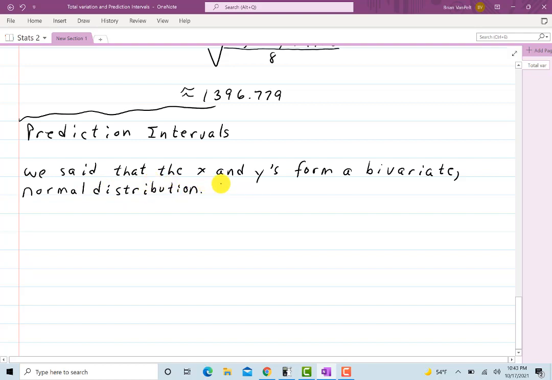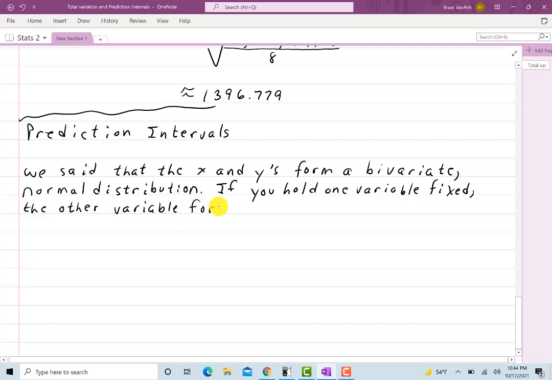What that means is if you hold one variable fixed, the other variable forms a normal distribution.